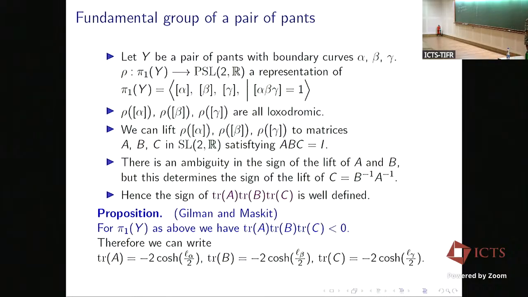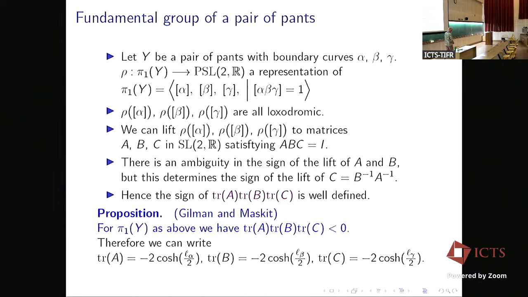Because I'm lifting some curves, they're automatically going to be loxodromic or hyperbolic elements of PSL2R. And I can then lift them all to matrices in SL2R, and those matrices must still satisfy the relation ABC is the identity.